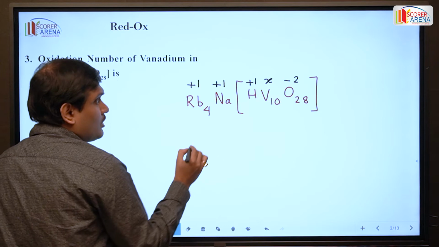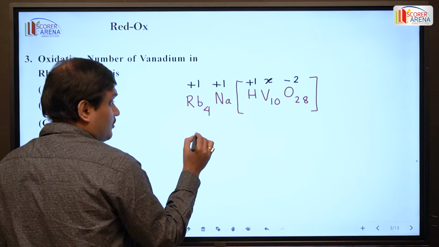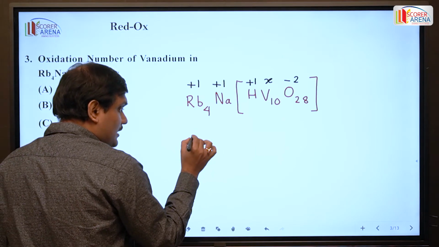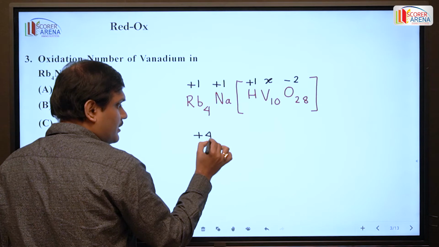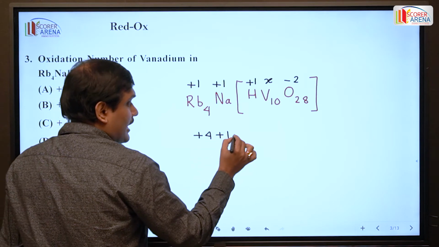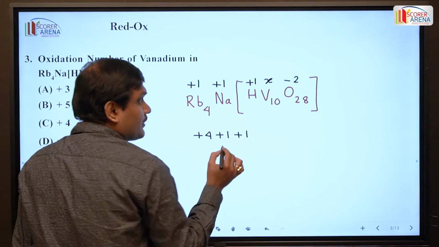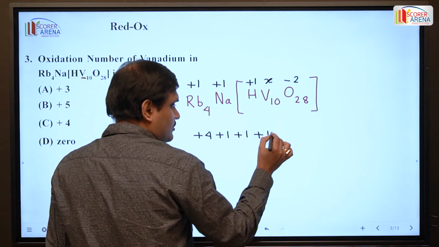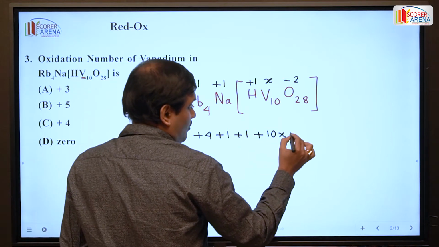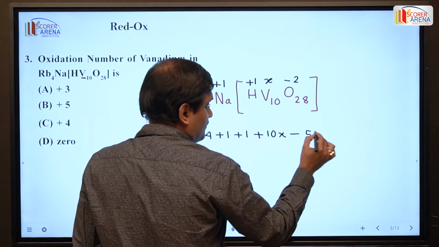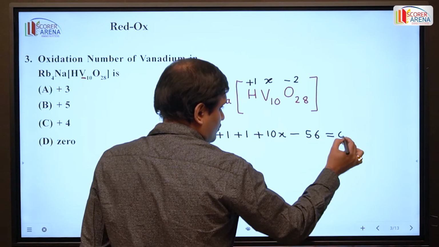So let us try to frame the equation. Rubidium is plus 4, sodium plus 1, hydrogen again plus 1, vanadium will be 10X, and oxygen will be minus 56, that goes to 0.